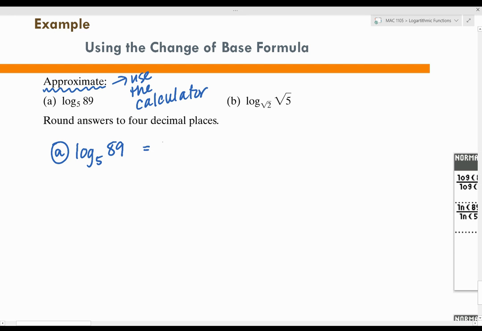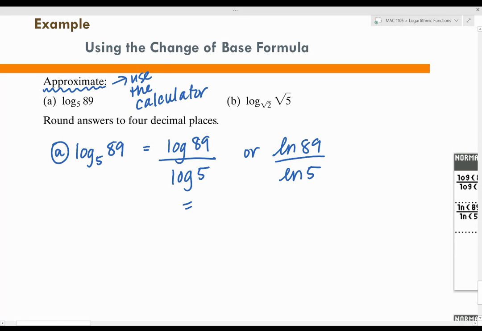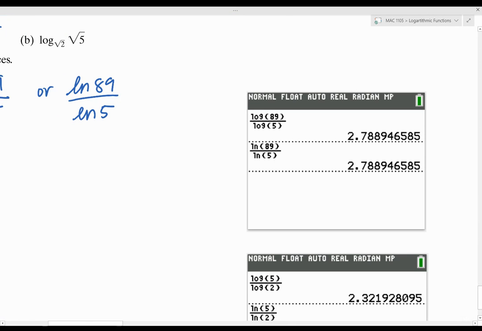So I could convert this using the common log, saying, okay, well, this is equivalent to log of the argument over log of the base. Or I could use natural log of the argument over the natural log of the base. Now, when I put that in the calculator, it's going to look like either one of these.